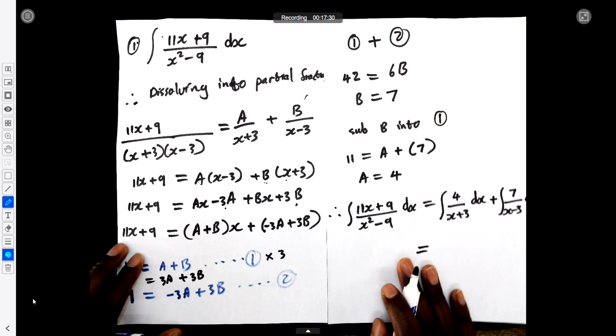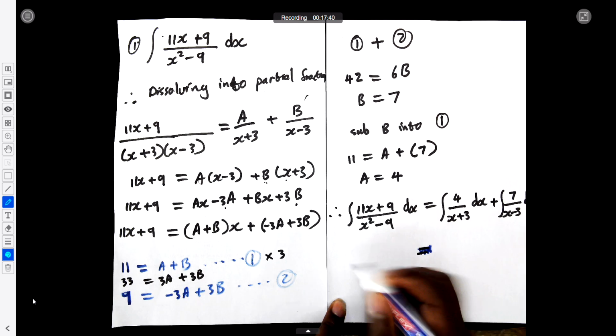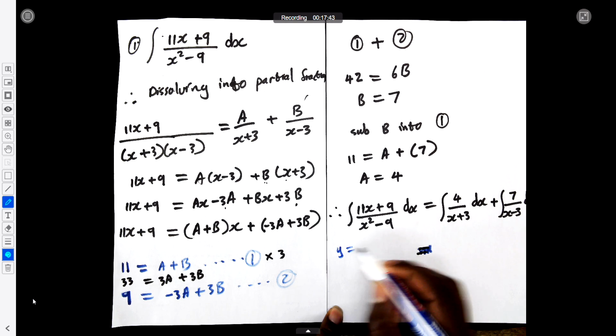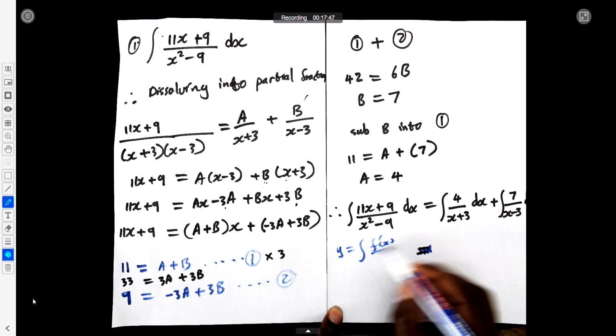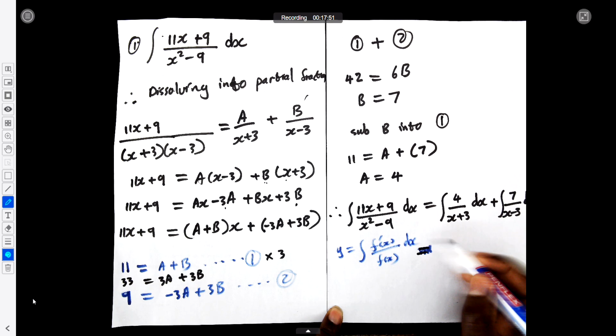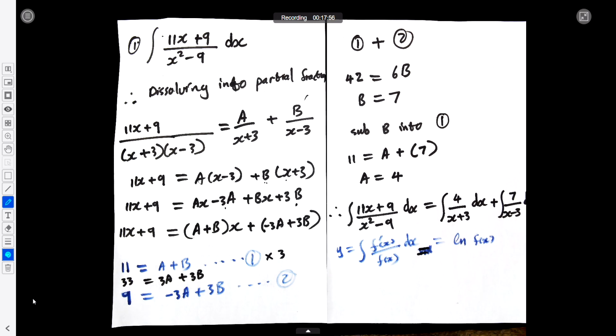So I hope you recall, you can try and utilize the inspection method, isn't it? The rule that you must recall, for an example, is if you had a derivative in the numerator, all divided by the function, we stated that the integral of that will be ln of the base, isn't it?